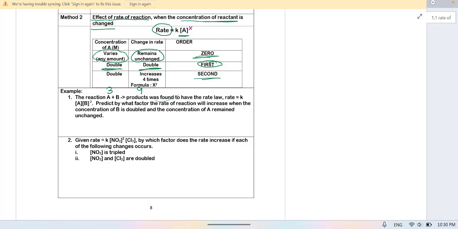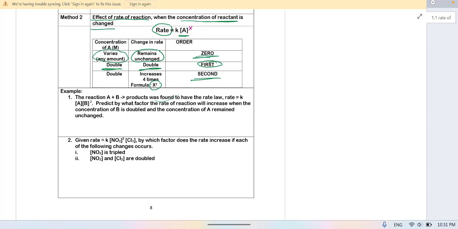So actually dia adalah second order reaction. So apa formula dia? Formula dia adalah X squared. So kalau increase by factor of 2, so 2 to the power of 2. Increase by factor of 3, 3 to the power of 2. Increase by factor of 4, 4 to the power of 2. Maksudnya rate akan increase 16 times.